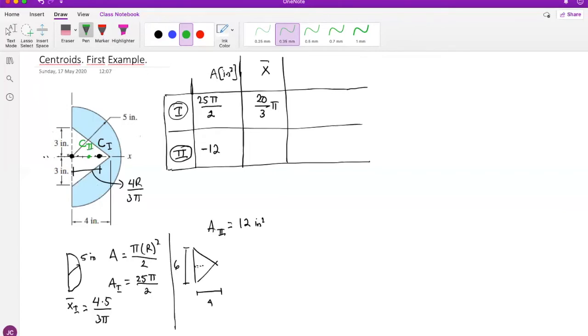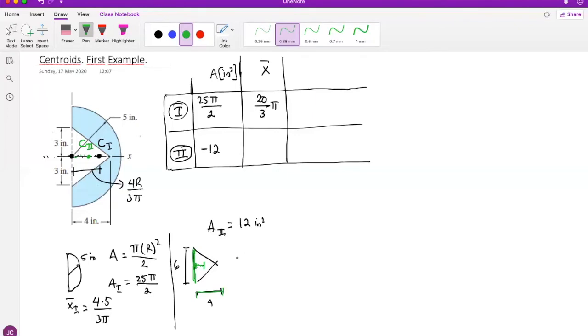For the x part, I cannot go to my left because there's no triangle to the left. So I need to go into the white area of the triangle, in this direction. But how much? There's a formula that tells you that you need to walk from the base one third of this distance over here.